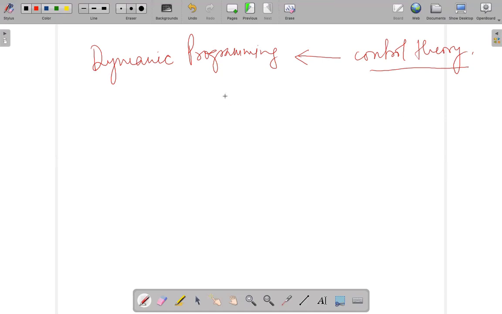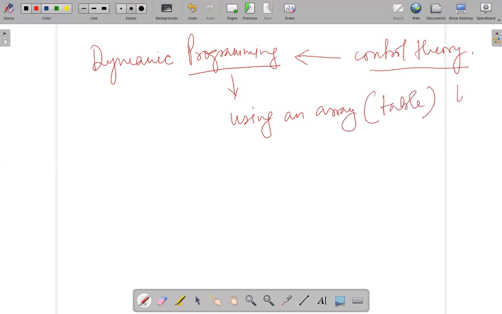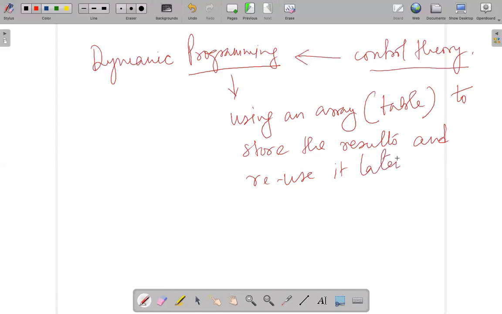Okay, so the sense in which the term programming is used is about using an array or a table traditionally to store the results and reuse it later.